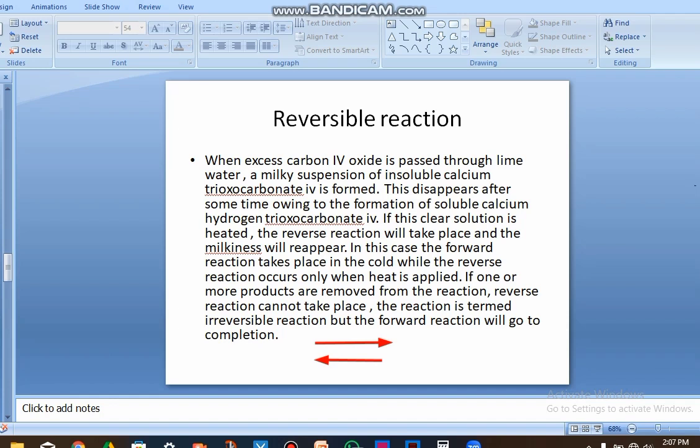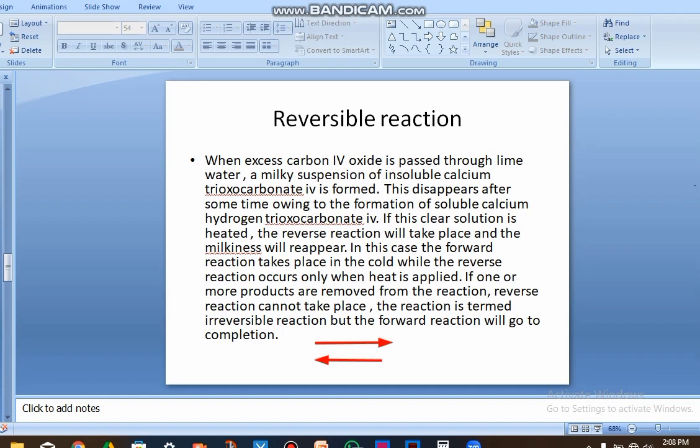When excess carbon dioxide is passed through lime water, what will you see? A milky suspension or a milky color will be formed. I've seen this question in JAMB past question papers. So take note of everything I'm teaching you. So when excess carbon dioxide is passed through lime water, a milky color will be formed.